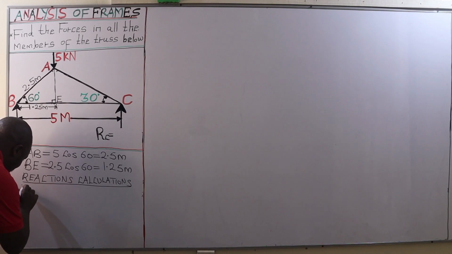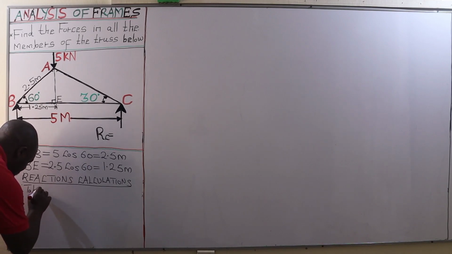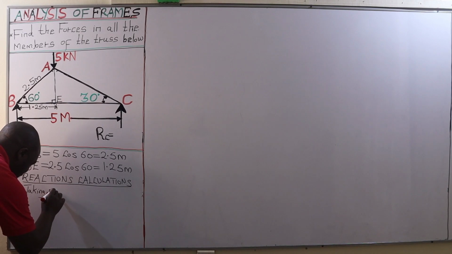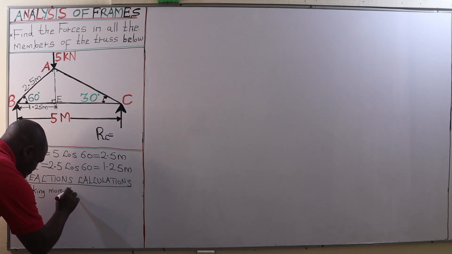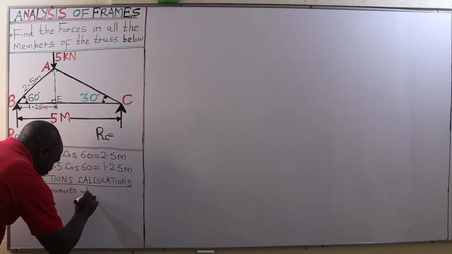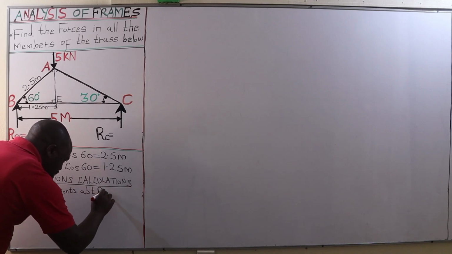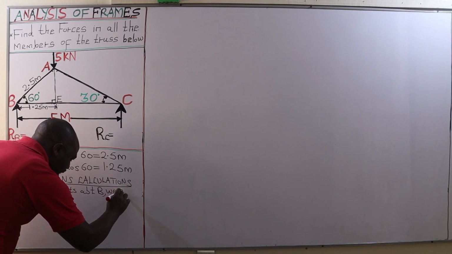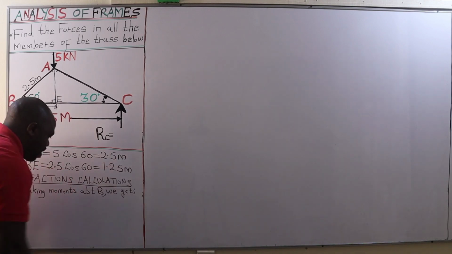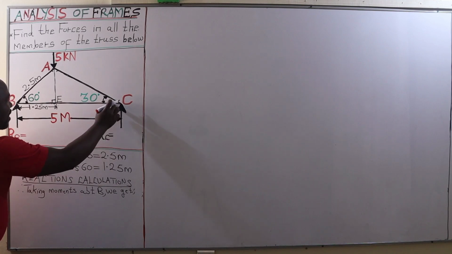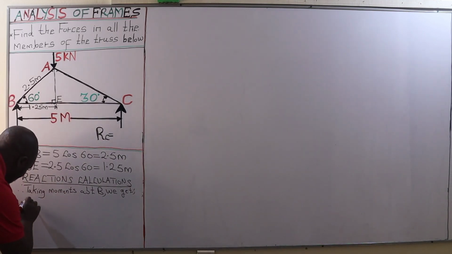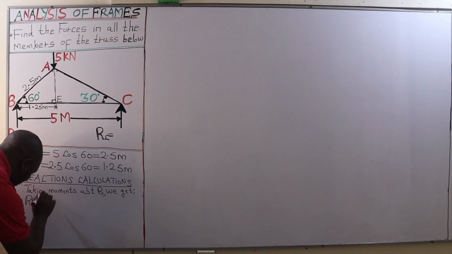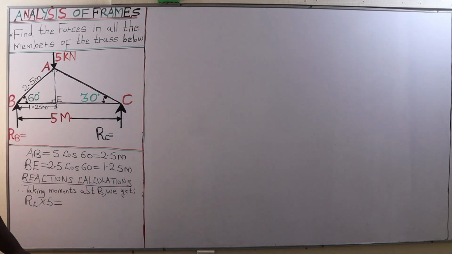Therefore, taking moments about B, we are going to have RC times 5 meters. Remember, that is an anti-clockwise moment. Therefore, RC times 5 is equal to this clockwise moment, 5 times the distance from E to B, which is 1.25 meters.